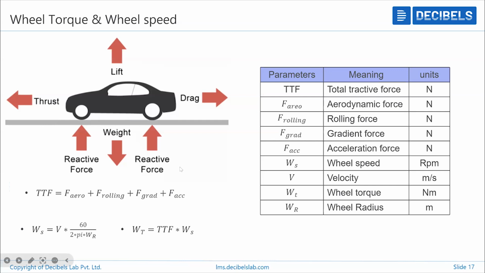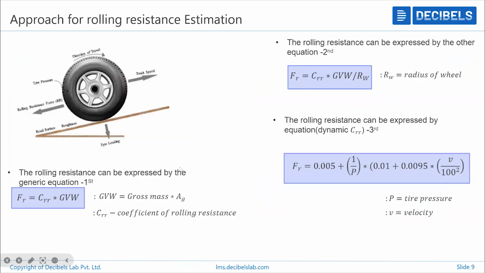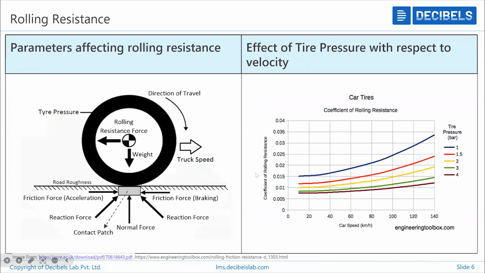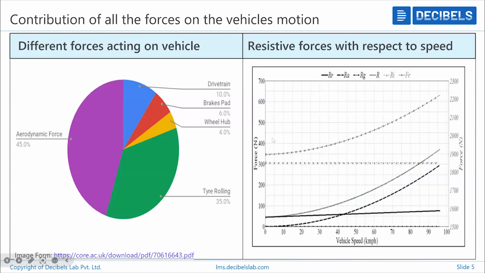Let me show you how these resistances, as I said there are three: rolling, aerodynamics and gradient, affect the vehicle.